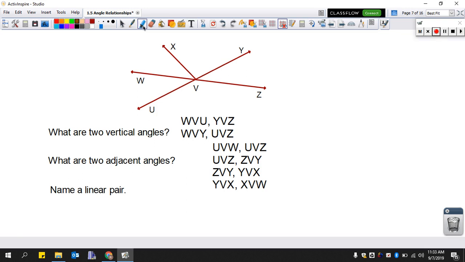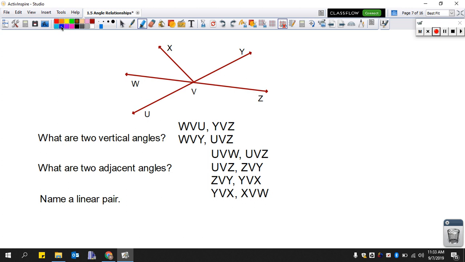In other words, we're going to look at this straight line UVY, and we're going to look at the straight line WVZ. So when we're looking at the different angles that make up the blue line and the orange line, you can see that we have several choices.